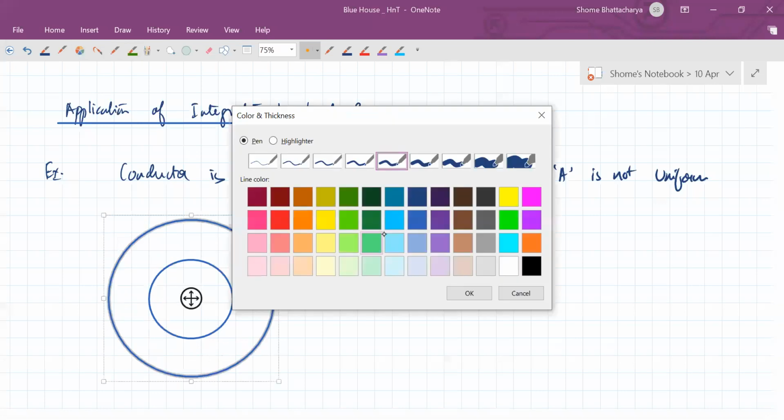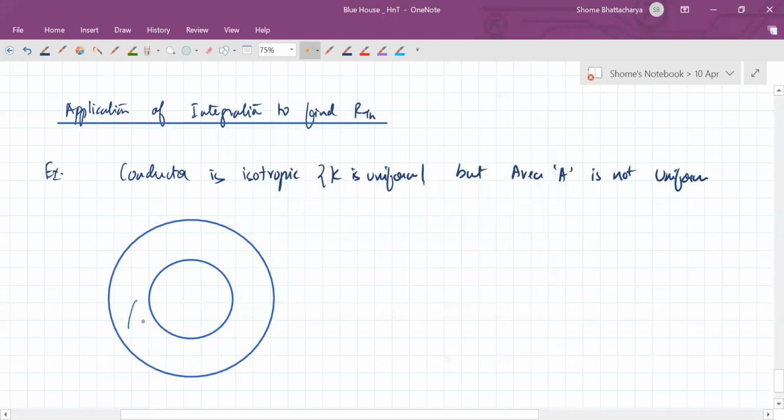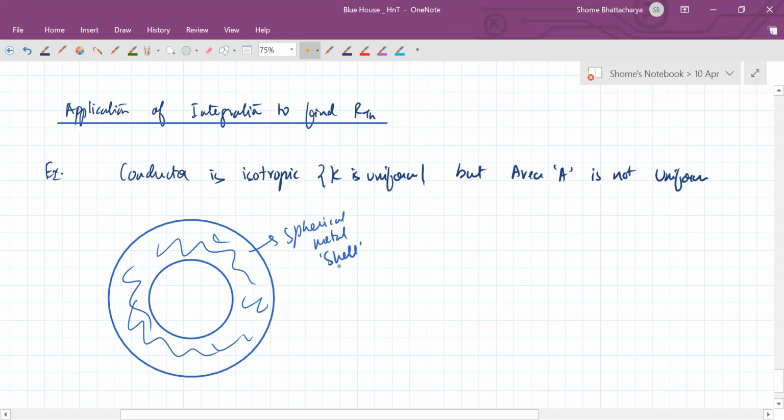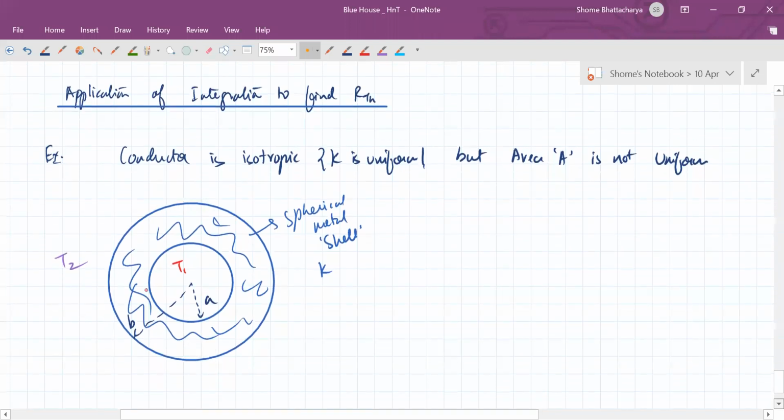So this is a solid metallic shell, a thick kind of shell. It has thermal conductivity K, inner radius A and outer radius B. Now if we keep the inside at temperature T1 and the outside at temperature T2, then heat will flow out radially like this.